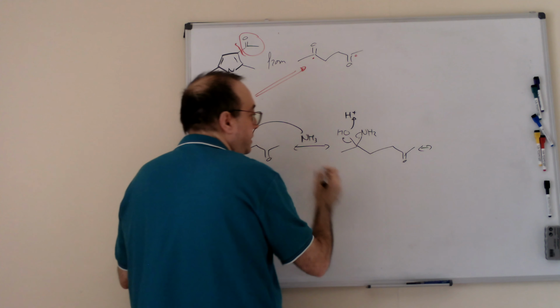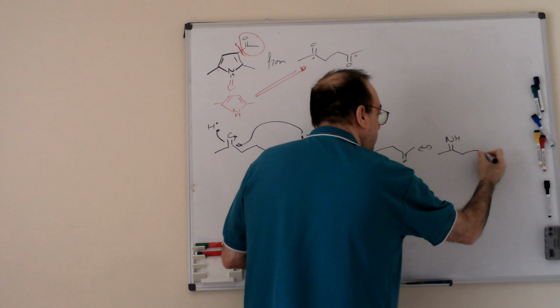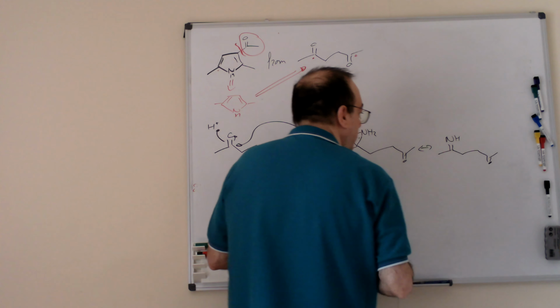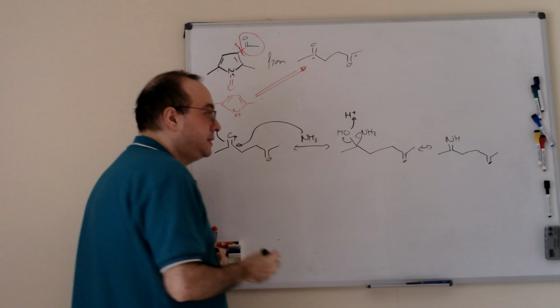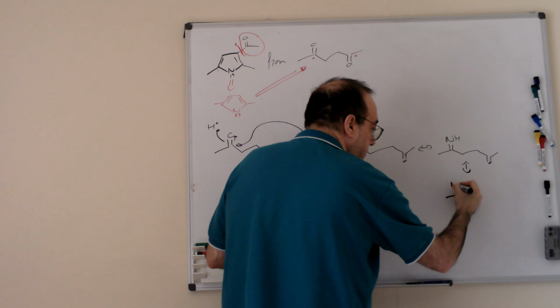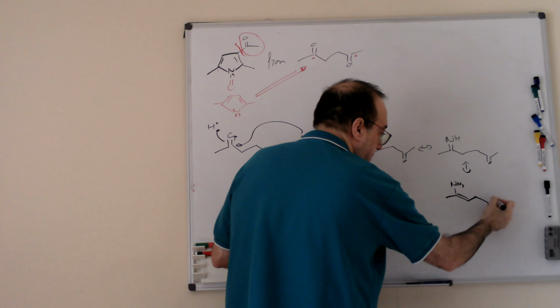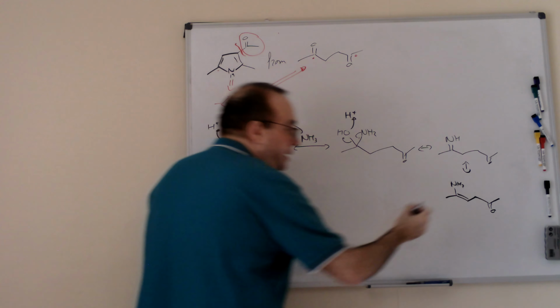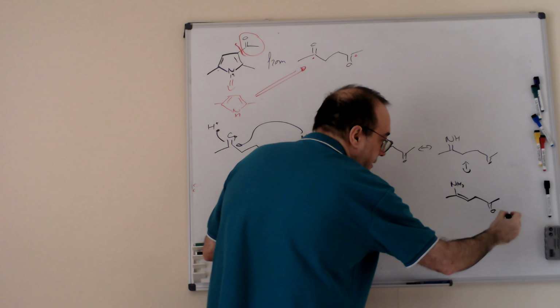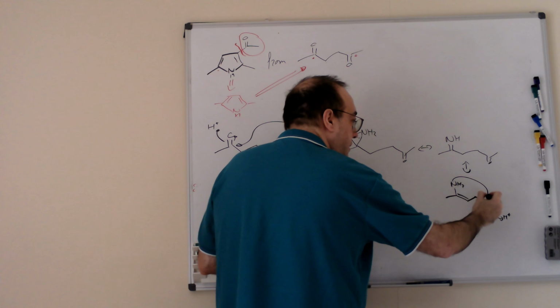Remember that all of this is in equilibrium. When we have the imine, tautomerization to enamine, and then intramolecular attack, we protonate this to make this position more active, more electrophilic.